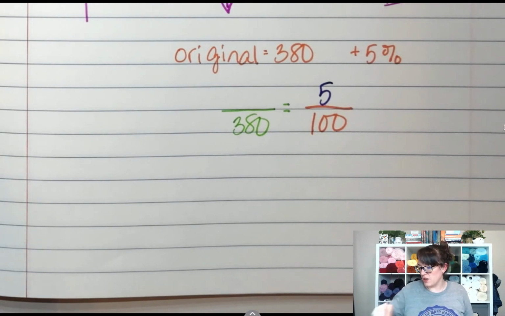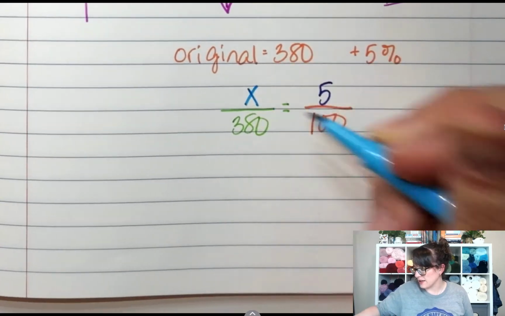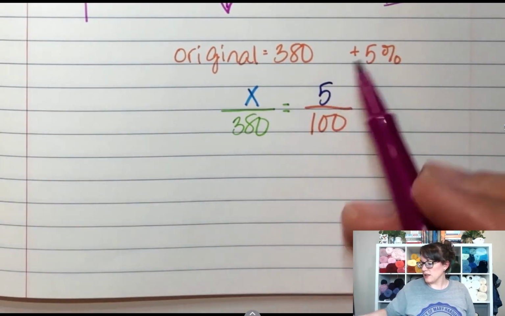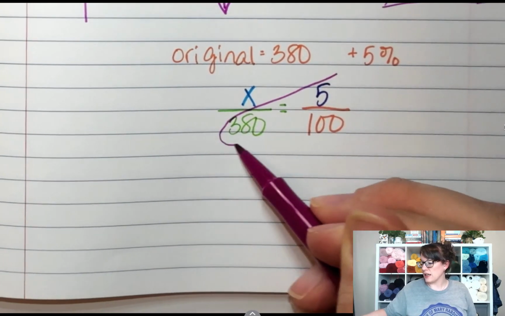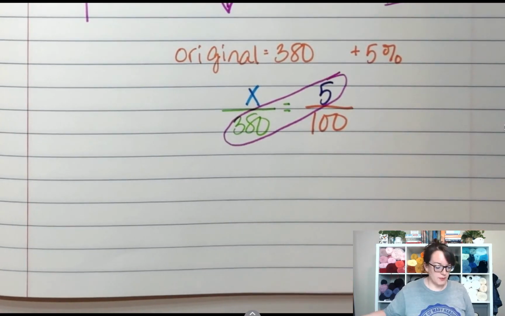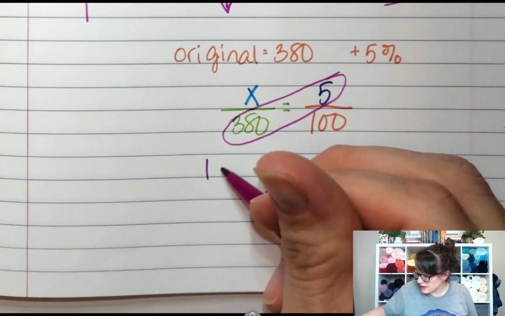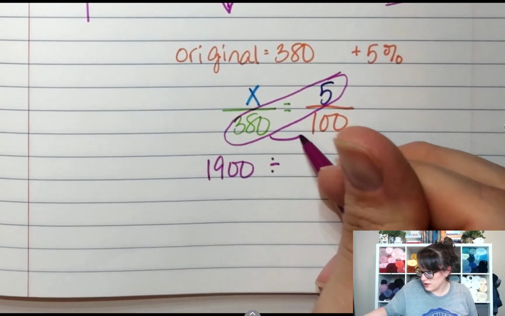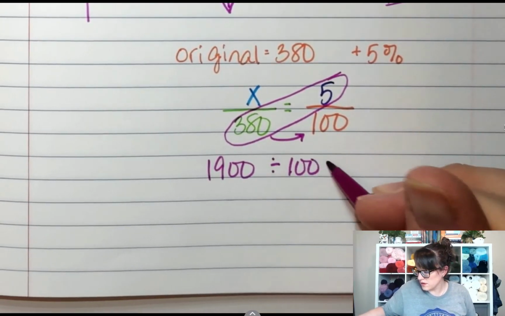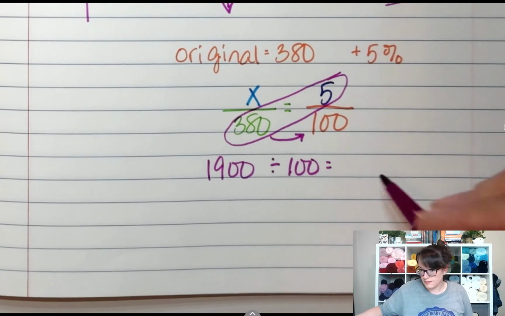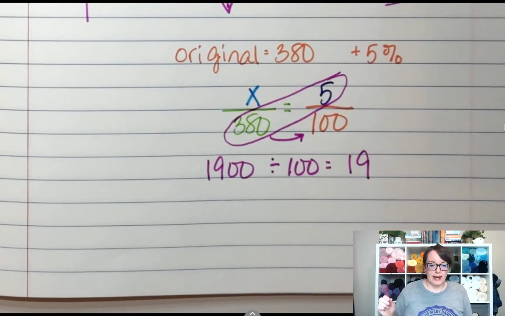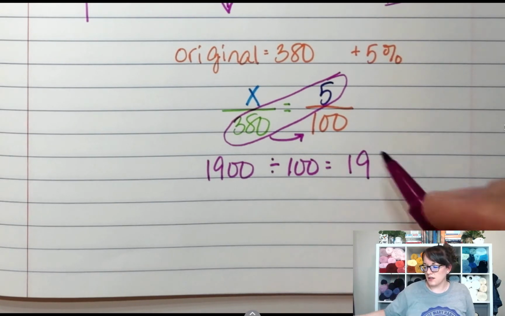No, that's my x. Now I cross multiply. 5 times 380 is 1900, divided by 100 equals 19. So 5% of 380 is 19.